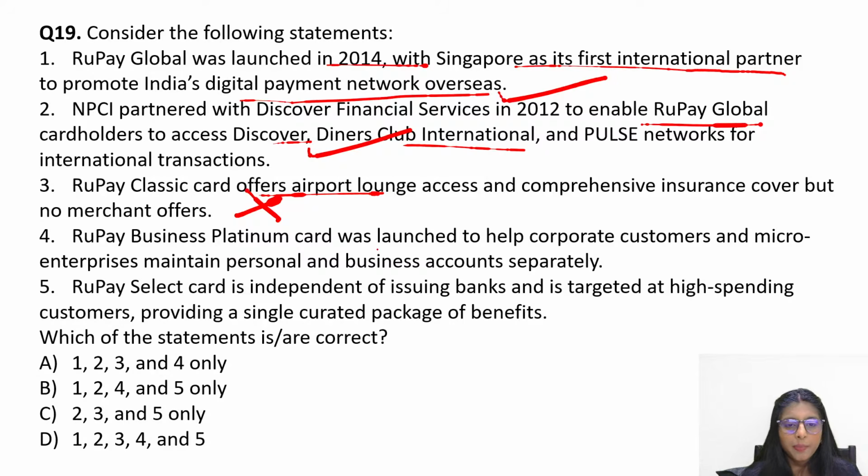RuPay Business Platinum card was launched to help corporate customers and micro enterprises maintain personal and business accounts separately. It's correct. RuPay Select card is independent of issuing banks and is targeted at high spending customers, providing a single packaged set of benefits. It's correct. So which are the correct statements? 1, 2, 4, 5 are correct statements. That is, option B is the right answer.